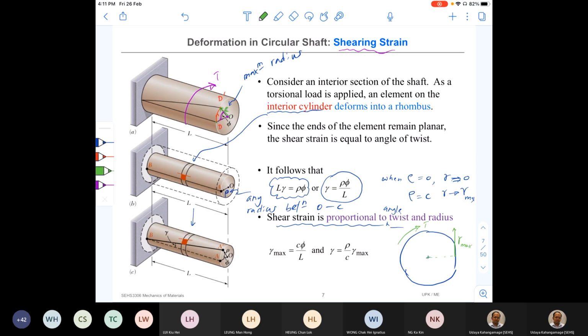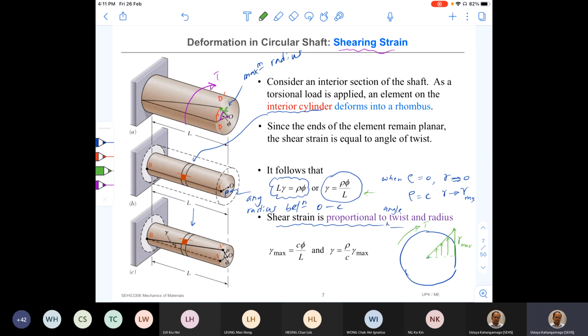So in between, the shear strain varies linearly. So at any point, we can now find out the shear strain using this equation, right? And the maximum deformation or maximum strain happens in the outer surface, and at the center, there's no deformation, there's no strain.